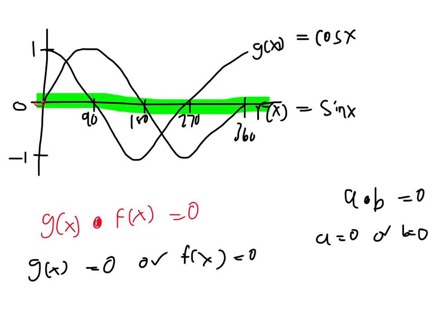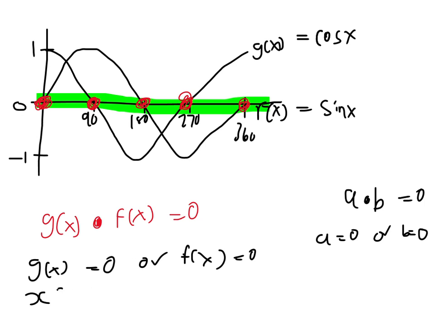Well, it's here. That's the first one on the origin. The second one is here. The third one is here. Another one is here. And the other one is here. So as long as x is all these values here, we will always get the product of g and f being 0. So it means we don't have one solution, but we've got a family of solutions.